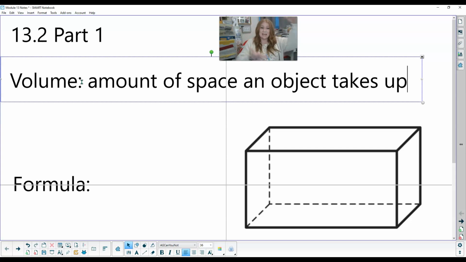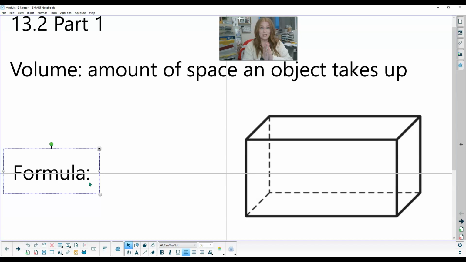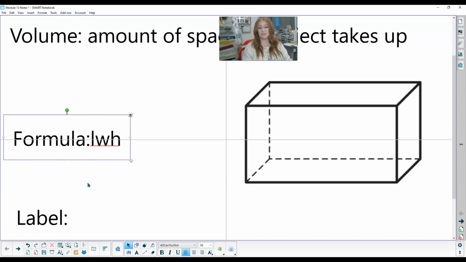To find the volume of a rectangular prism, like you learned in your hands-on experiment, you find the length, then multiply by the width that goes back, and then by the height. You have to have all 3 dimensions to make a 3D object.